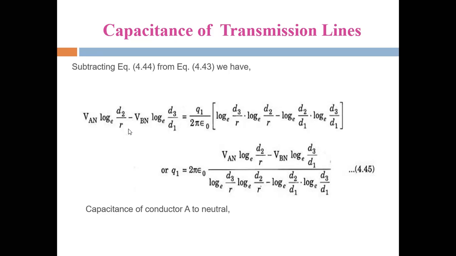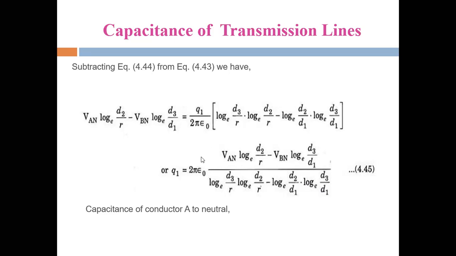First we subtract VAN minus VBN, then we obtain Q1 is equal to 2 pi epsilon naught, VAN log e D2 by R minus VAN log e D3 by D1, divided by log e D3 by R log e D2 by R minus log e D2 by D1 log e D3 by D1.